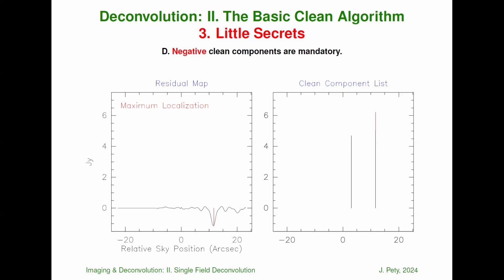And then from the residual, we are subtracting the contribution of this clean component to the residual map. So we're multiplying the negative flux by the dirty beam. We are subtracting, and we see that on these positions, we have made quite a good correction. Okay? So negative clean components are needed to improve your solution.